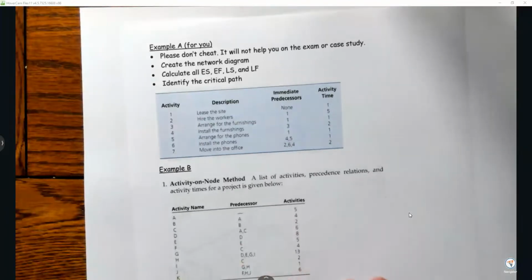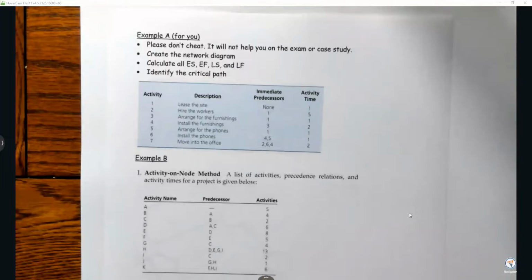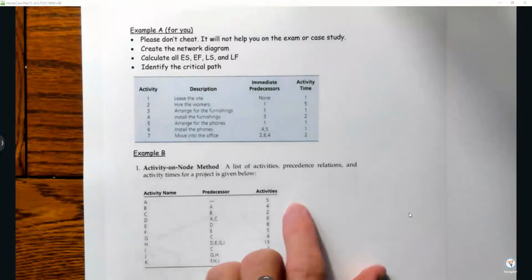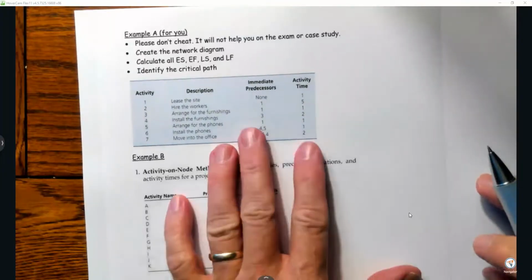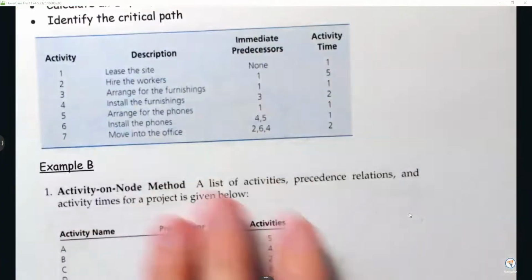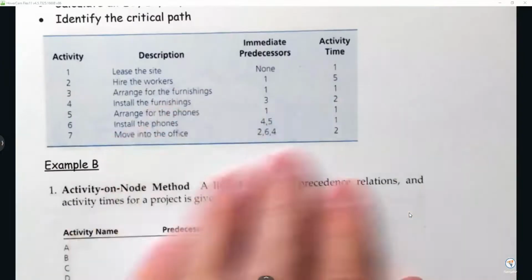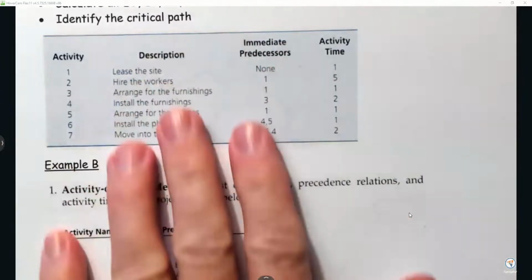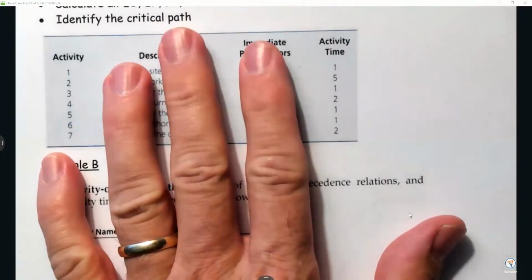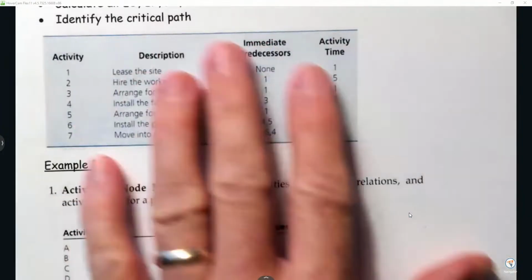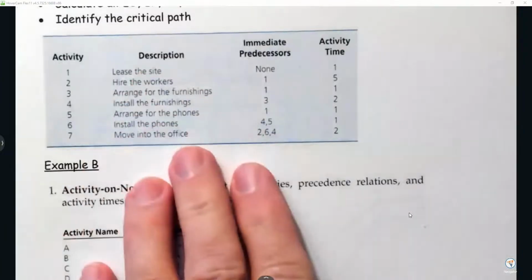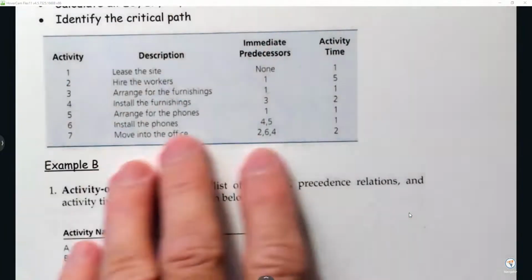All right, here is the example. I'm not going to do it on the side here because I'm not going to have enough room. Let me zoom in. When I'm looking at these, and on the exam, not the upcoming one but one later in the semester, you have to find something to grab hold of to begin with.